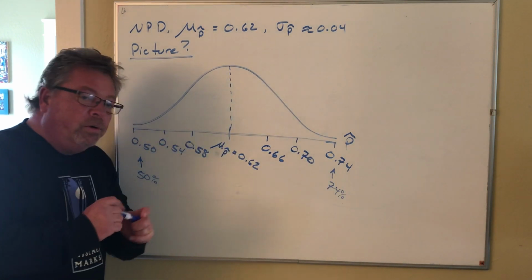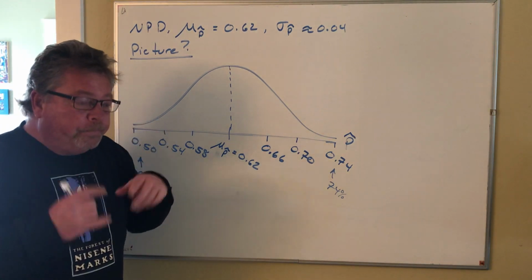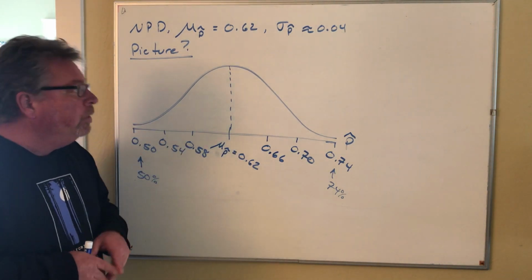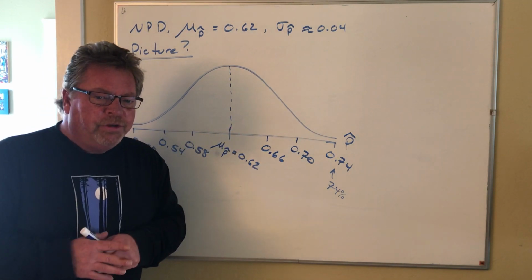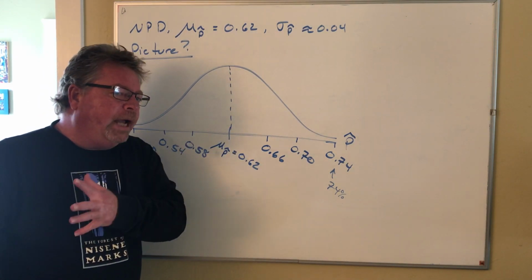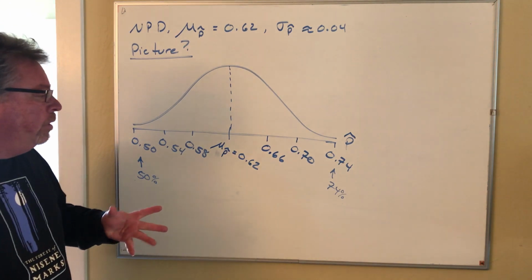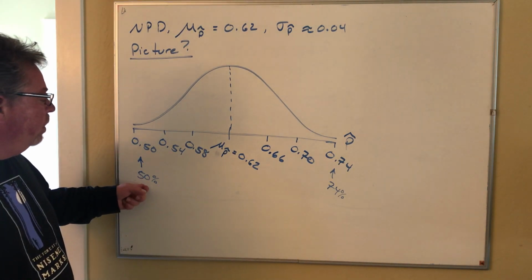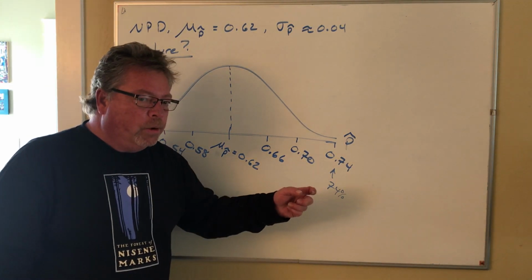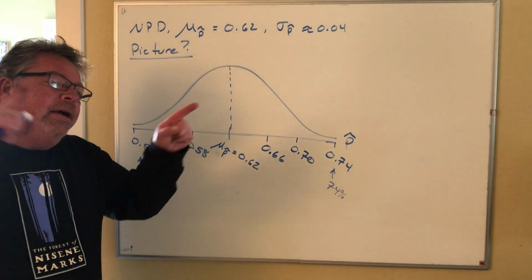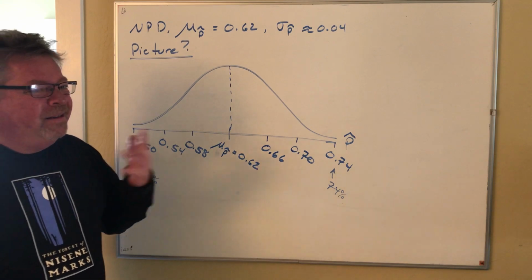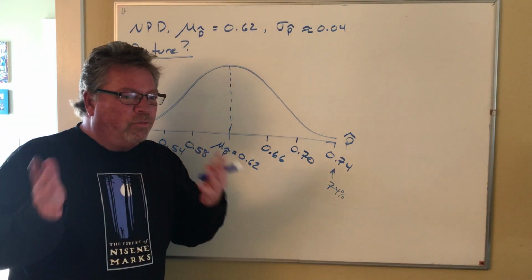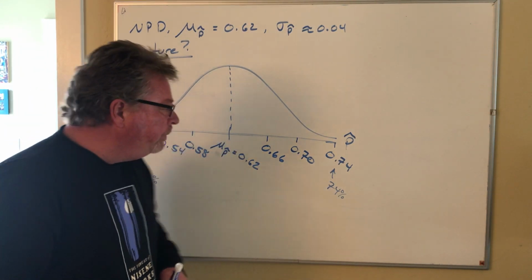So if you go to this world where 62% of the people have this characteristic, you take our sample of, what was it, 150 students, you should not freak out if you get a p hat from your sample that's anywhere between 50% and 74%. You get something outside of that range, then there's some explaining to do. Something's not right, and we're going to have to look at it more deeply.